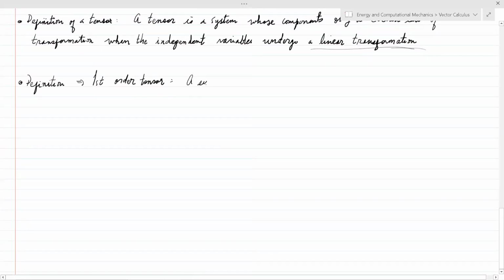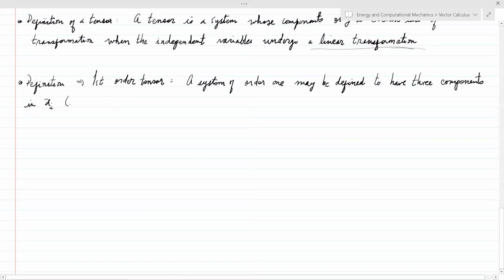This is a system of order 1, and it may be defined to have 3 components in xi, and so let's call it bi, and 3 components in C, so you remember that was a Cartesian coordinate system, and 3 components in C prime, if you recall. So I will call that bi prime.